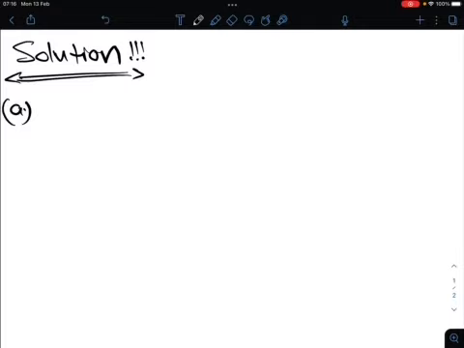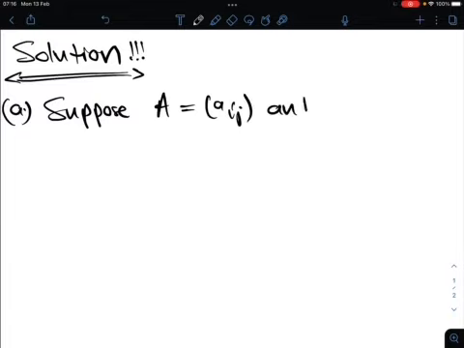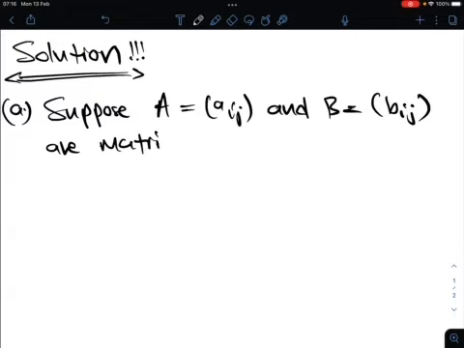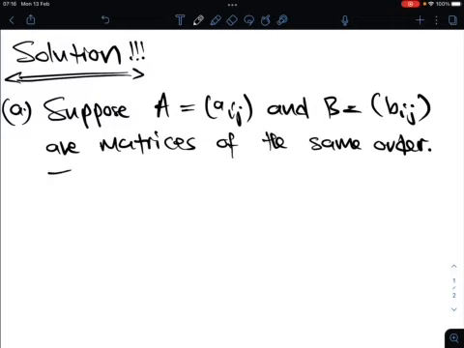To begin, we'll say suppose A, which can be represented as Aij, and B, which can be represented as Bij, are matrices of the same order. So let's suppose these two matrices A and B are matrices of the same order and are represented using those given representations. Then what follows from here?